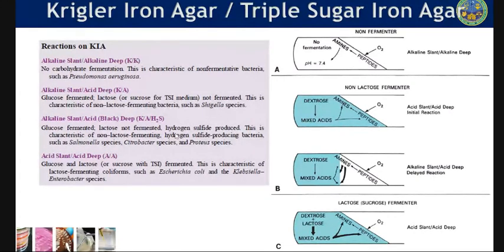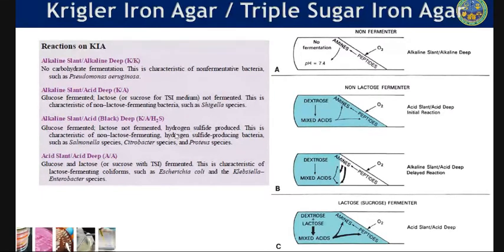These organisms utilize glucose, lactose and sucrose at the same time as the source of carbon in the test system. These are typical of E. coli, Klebsiella, and Enterobacter.